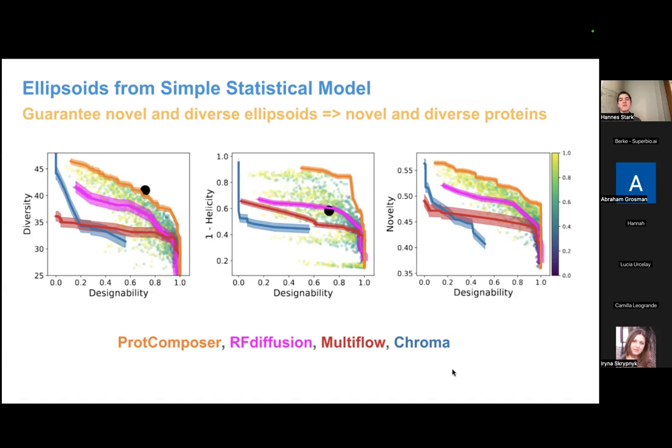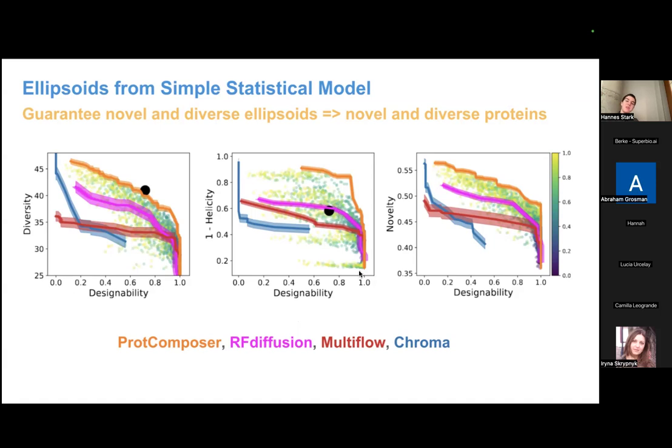But now we draw 100 samples from each generative model under a particular setting, and then you obtain one point on this graph, right? You have a distribution represented by 100 samples.